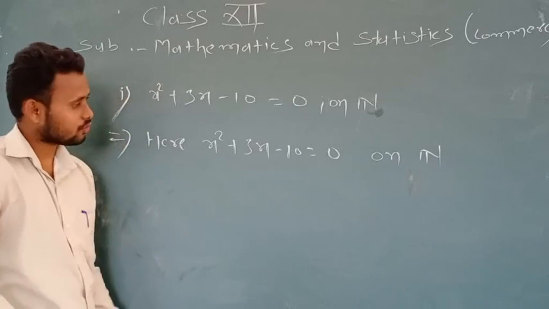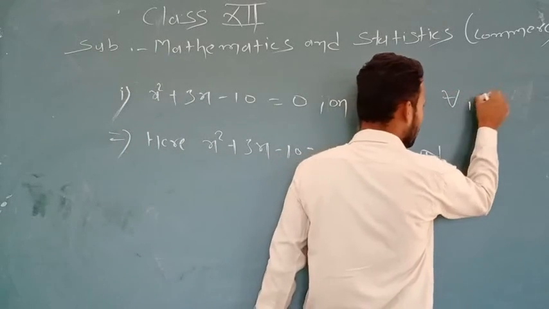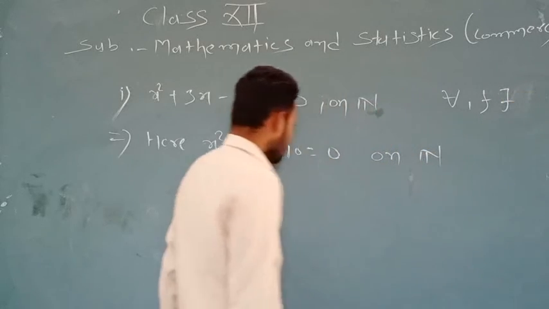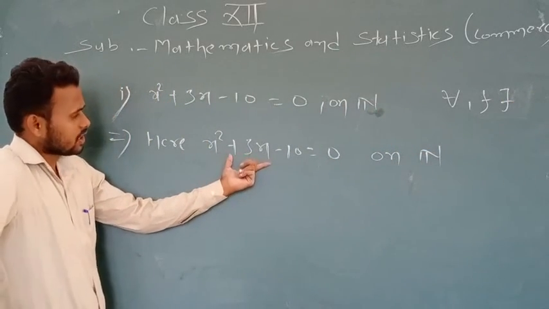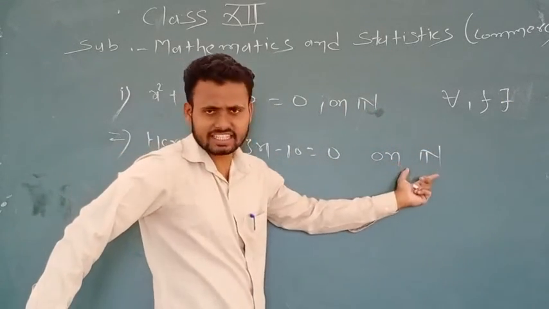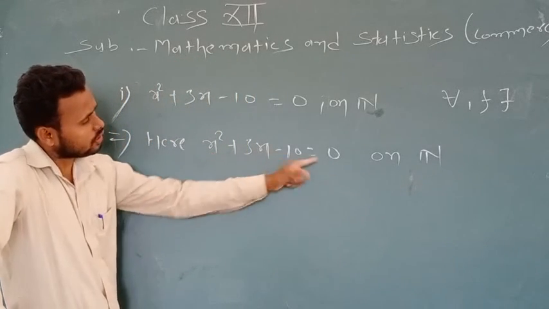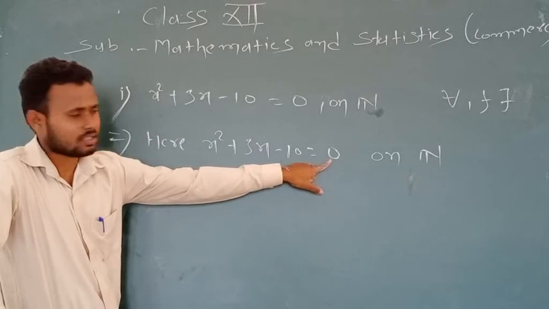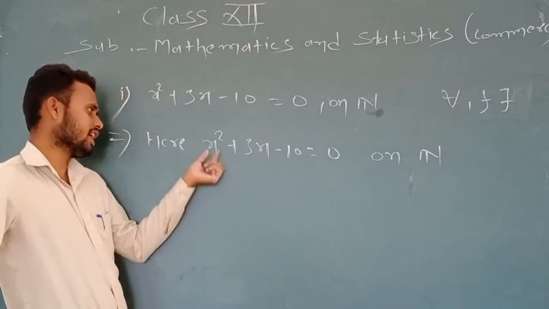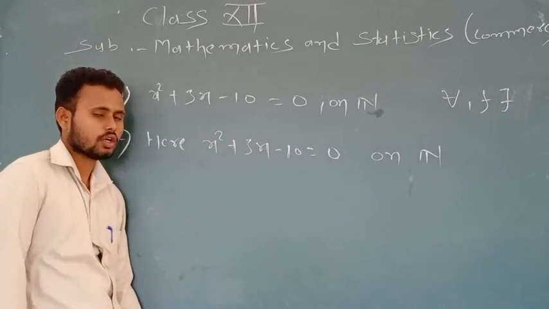There are two quantifiers, we know: for all and there exists. Now हे जे इक्वेशन आहे डिफाइन कशावरती केले, सेट ऑफ नॅचरल नंबरवरती. म्हणजे काय, एक्स असा नॅचरल नंबर घ्यायचा की तो इक्वेशन सॅटिस्फाईड केली पाहिजे, म्हणजे इक्वल टू 0.